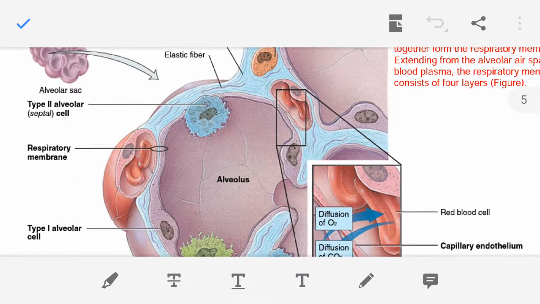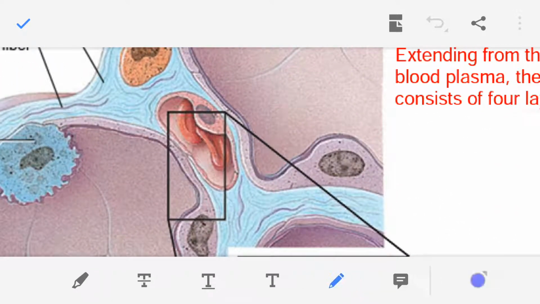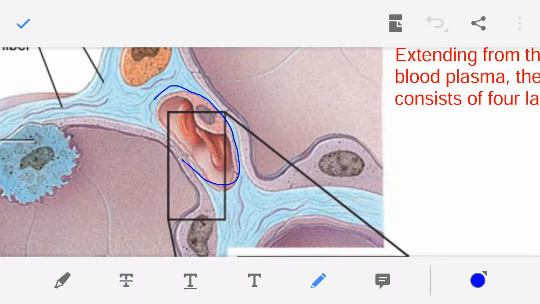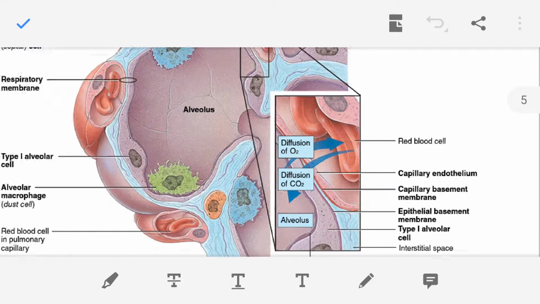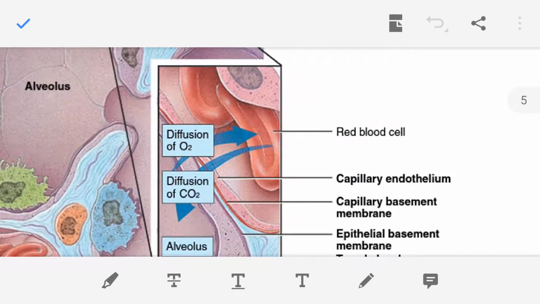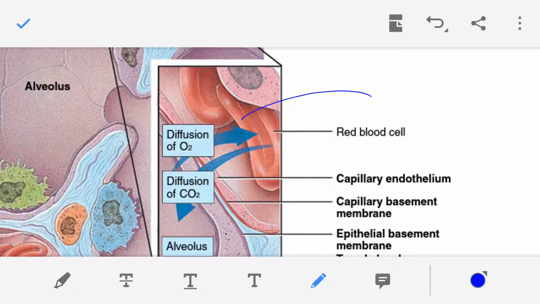So here, as you can see in the cross section, this one is the blood capillary, and this one is the wall of the blood capillary. So in the wall of the blood capillary, what is present?